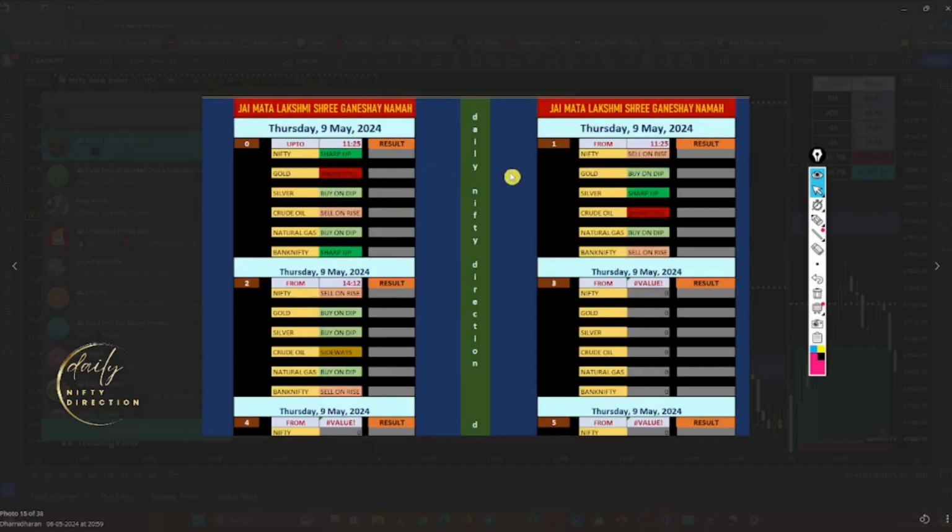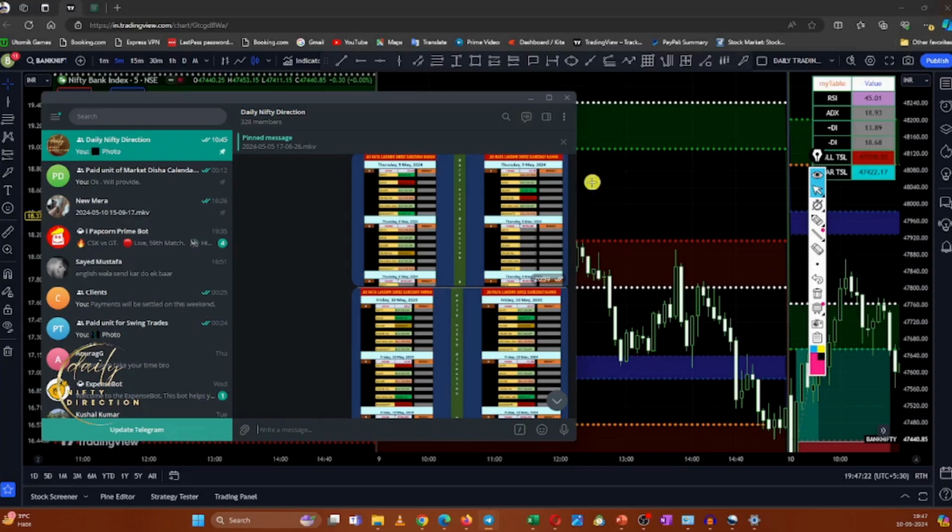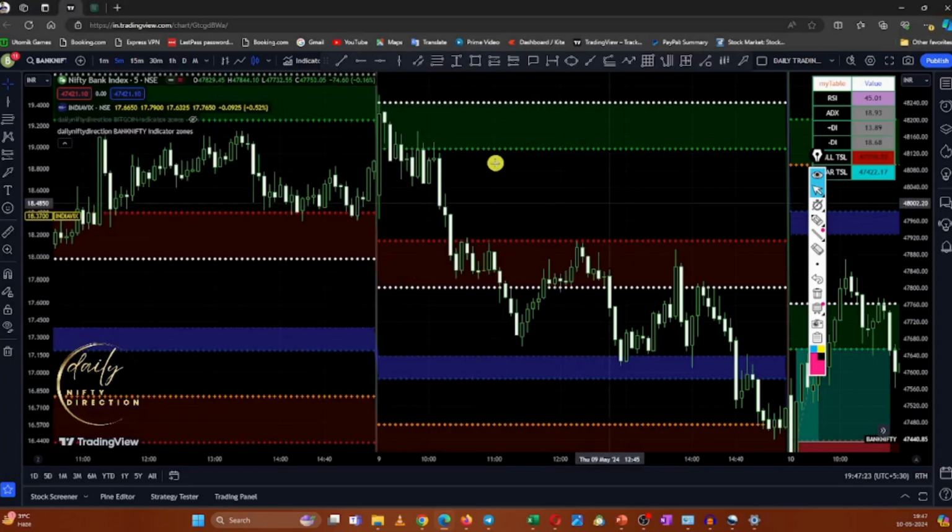Sharp up will happen, and for the major part you will see sell on rise. So basically it is showing that the major part will be sell on rise. So on 9th of May you saw selling happened.